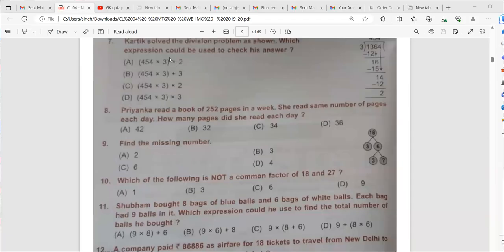You can't understand? See, Kartik, okay, read the question first, then I'm explaining it to you. Read it, Udit. Kartik solved the division problem. Which expression could be used to check his answer?